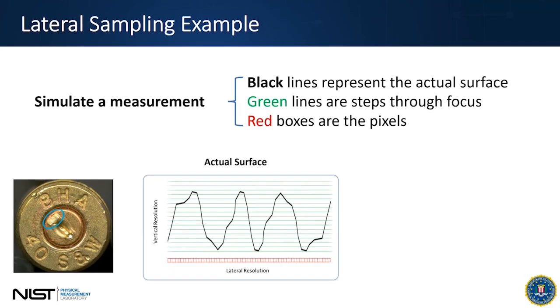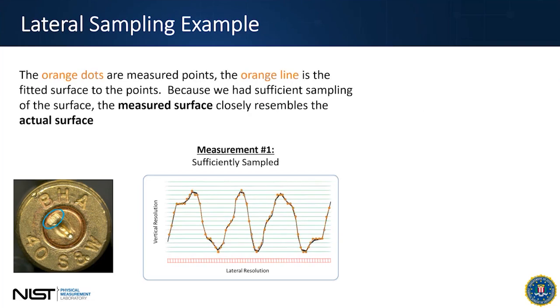The green lines are how fine you scan vertically in your resolution. The red boxes are how fine the lateral resolution is. So if we use a high magnification, for example, and we've sufficiently sampled the surface, these orange dots represent what the instrument saw on the surface. For the most part, you get a pretty good representation of what that surface looks like.